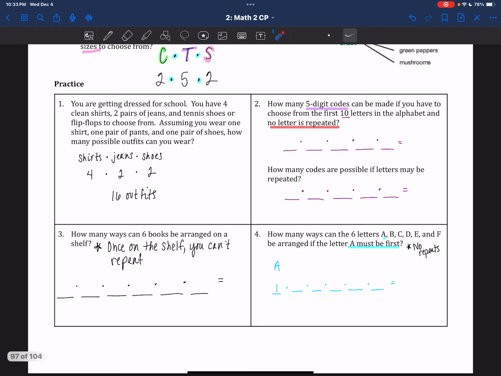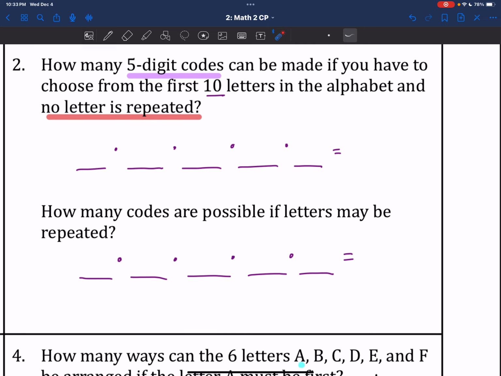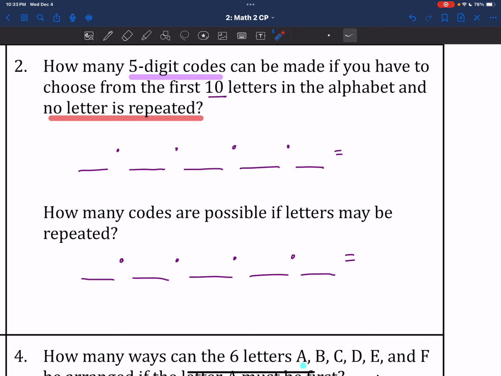All right, so I kind of helped you out with the last couple, but let me give you a heads up with this one. In this case, it says how many 5-digit codes, so what I did is I wrote the 5 digits here, can be made if you have to choose from the first 10 letters in the alphabet with no letter repeated.